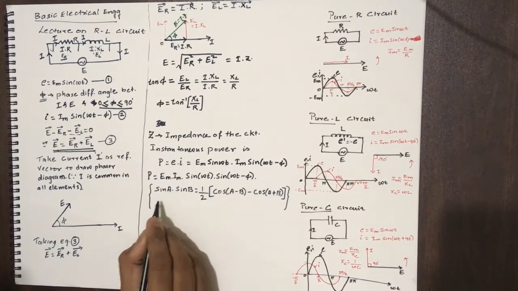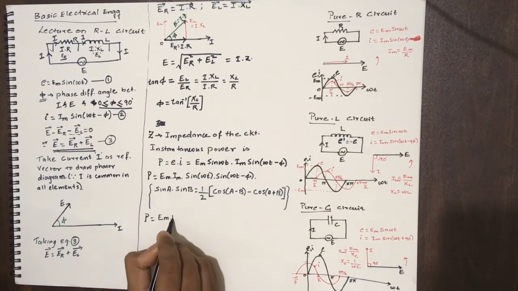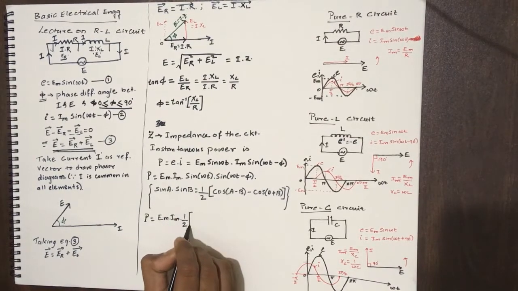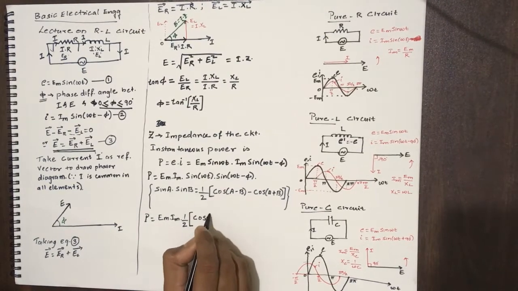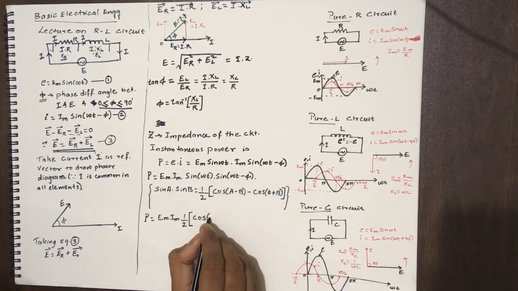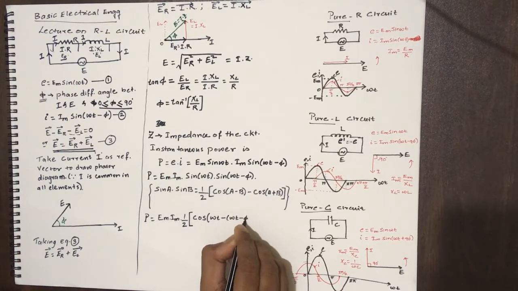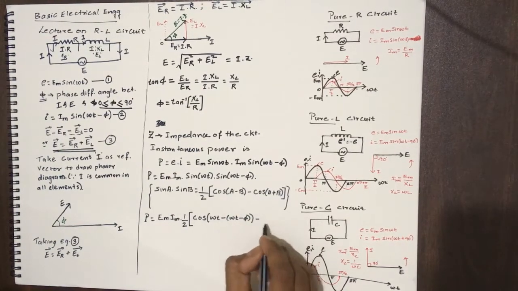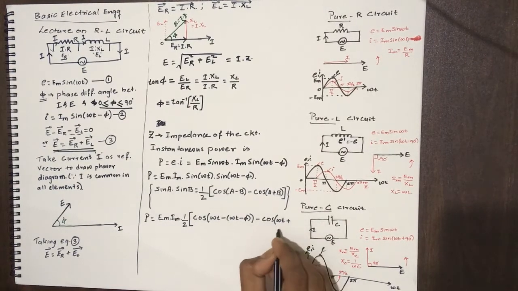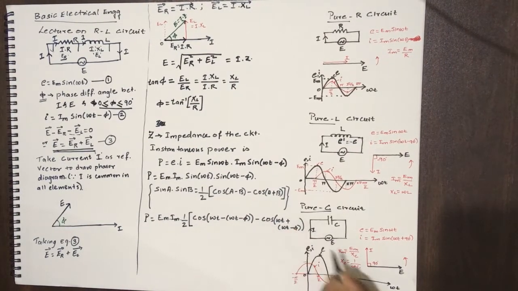we can write P is equal to Em Im, which will remain as they are, into half, cos of A minus B, that is omega t minus omega t plus phi, minus cos of A plus B, that is omega t plus omega t minus phi.